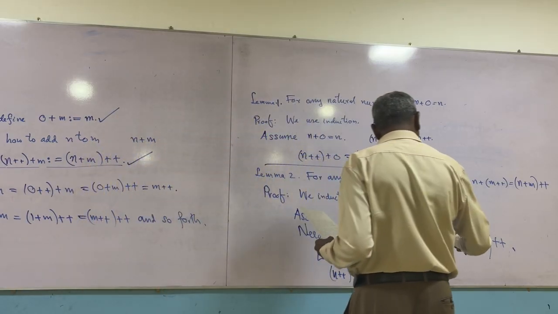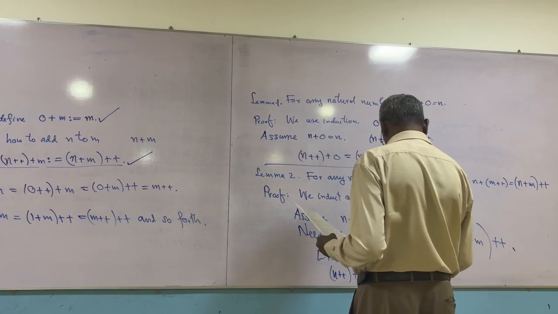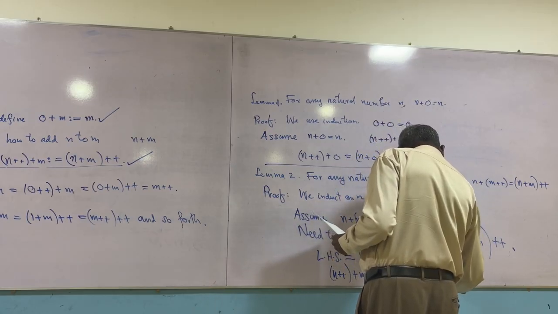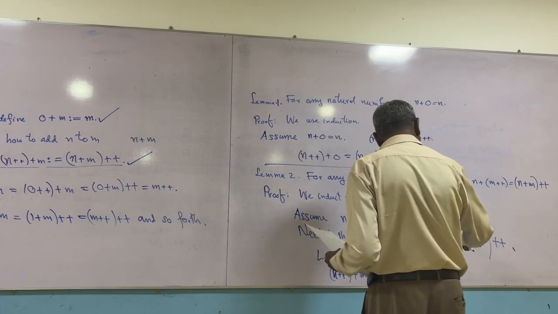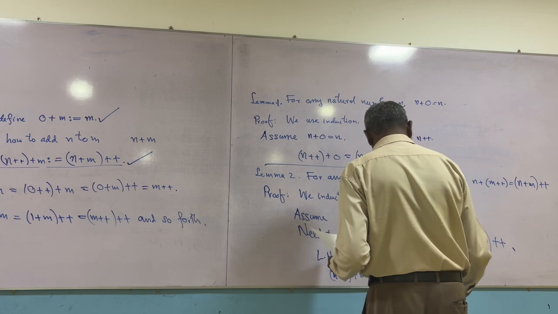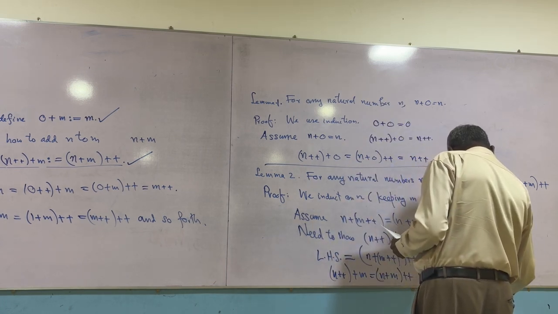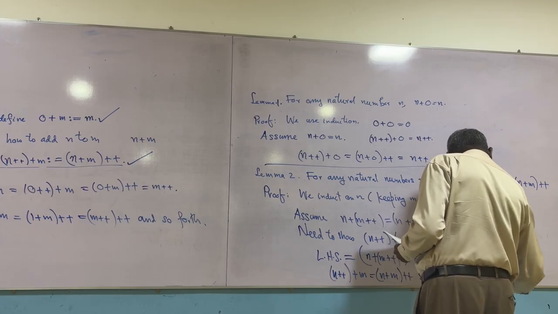So right hand side is equal to n plus m plus plus plus plus.